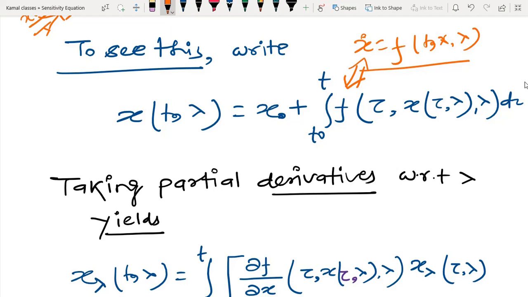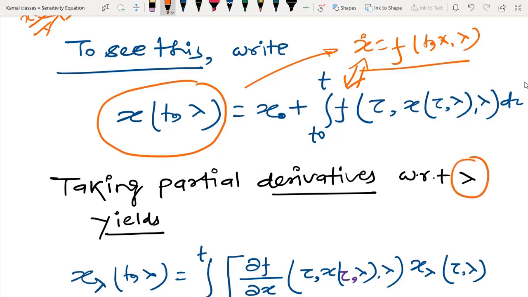Now for this equation, I am going to check whether this particular x(t, lambda), the solution of this equation, is differentiable with respect to lambda or not. We know that this function f, which is nothing but the vector field, is already differentiable with respect to x and lambda.